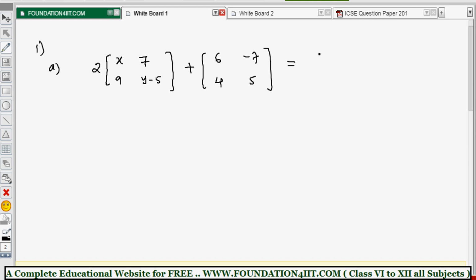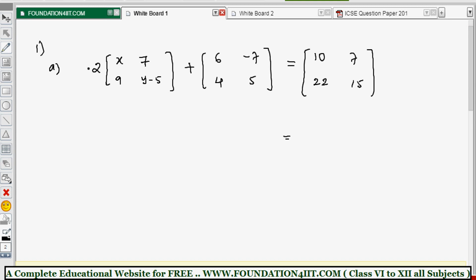This answer should be equal to 10, 7, 22 and 15. LHS and RHS we will simplify, and make the corresponding elements the same. Then you will get the x and y values.